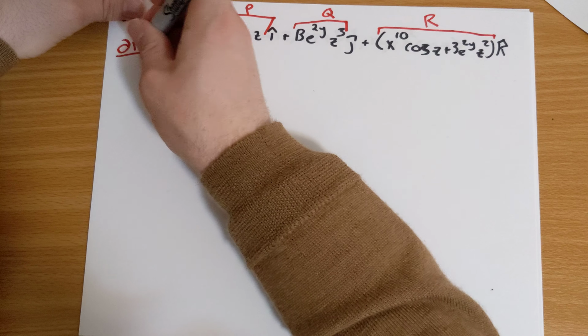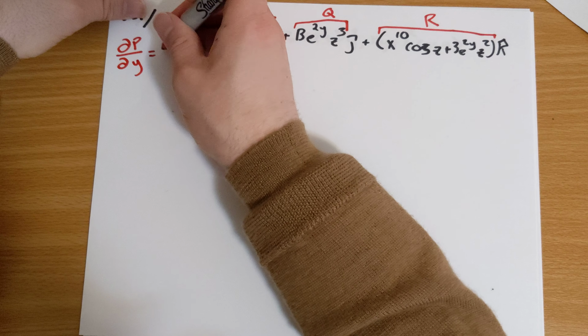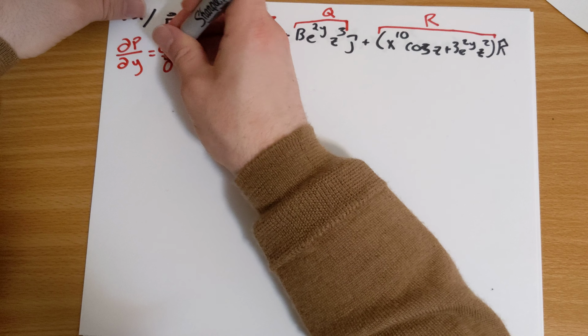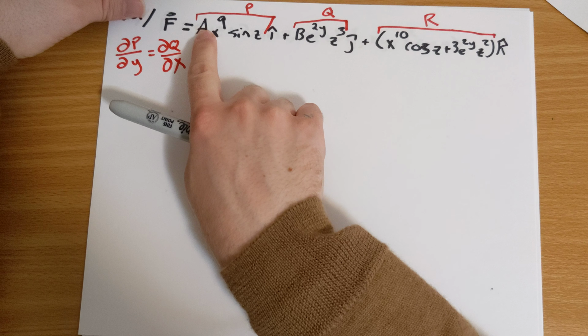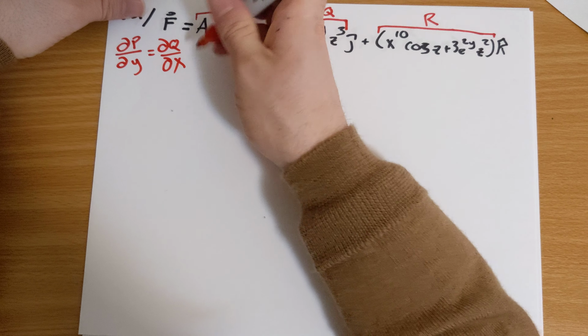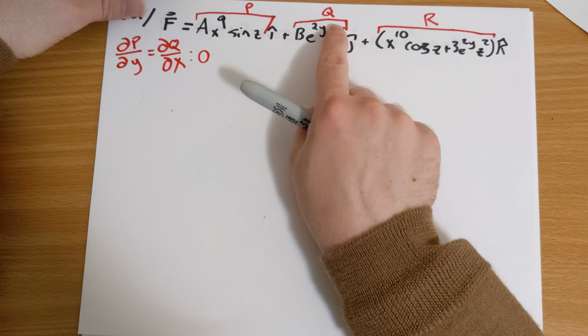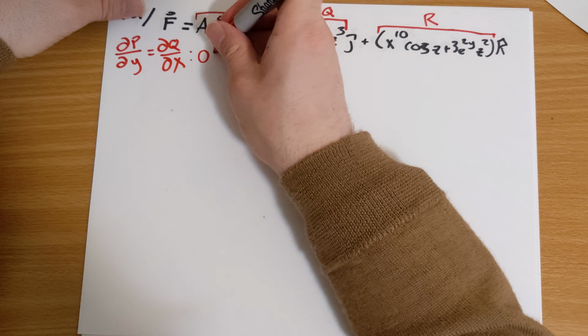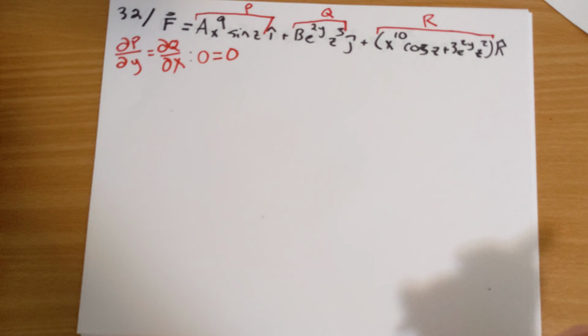So partial P, partial y needs to equal partial Q, partial x. Partial P, partial y, I don't see y dependence here. That gives us 0. Partial Q, partial x, again, I don't see x dependence there. That 0 is equal to 0.